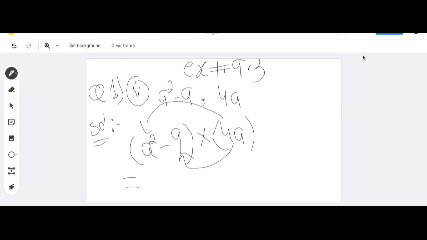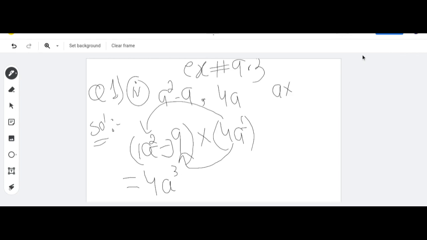That will look like this. 4, there is a 1 with this term, that means 4 ones are 4. And a: here the power of a is 1, here the power is 2. What will it become after multiplying both powers? It will be a cube, very good, 3.